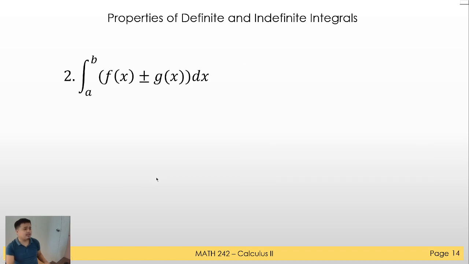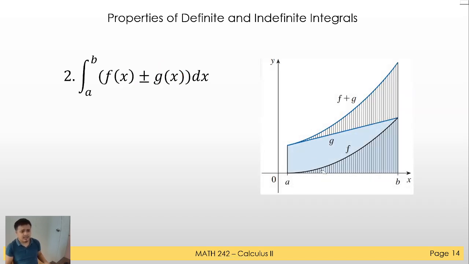Okay, and then another one, if we are adding or subtracting functions, but in general, I will just show you the adding. If we're adding two functions, basically we're adding these two heights. If we graph this visually, let's say this is your f function, and then this is your g function. If you add these two heights, we have this first height and another height, here it will form this.